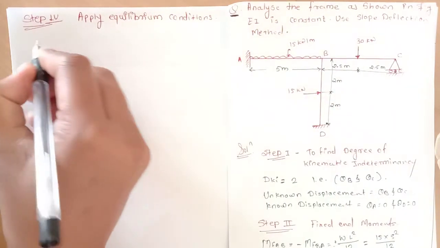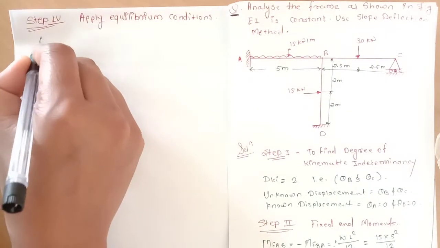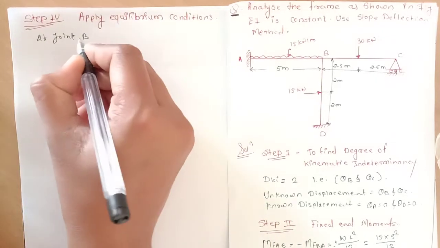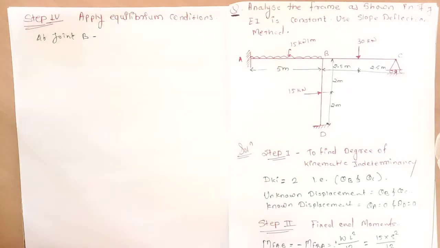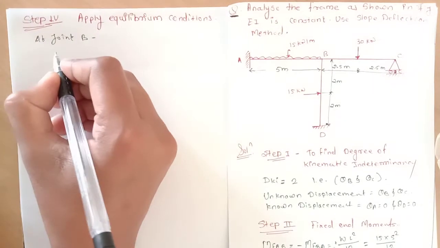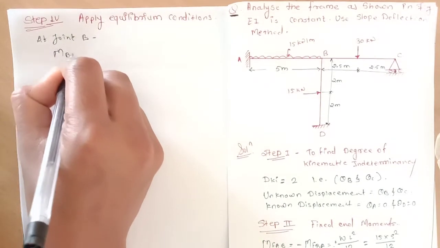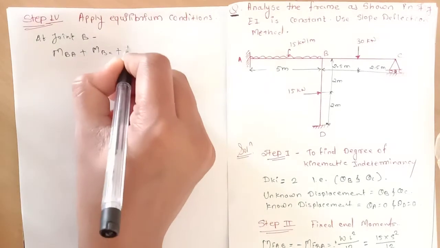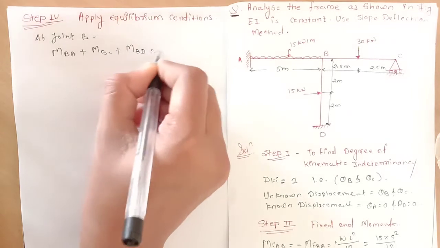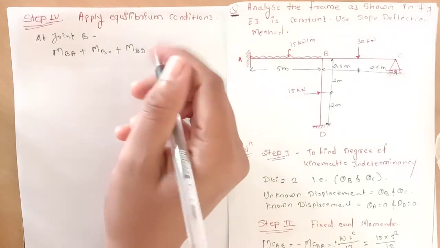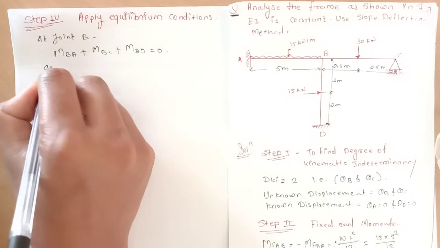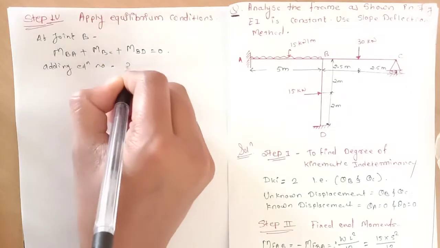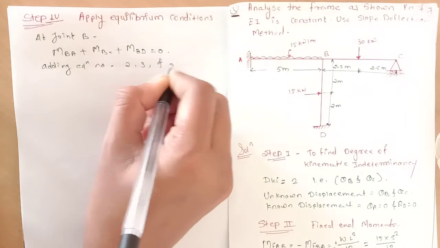So adding the slope deflection equations at members BA plus BC plus BD is equal to 0. That is adding equation numbers second, third and fifth.